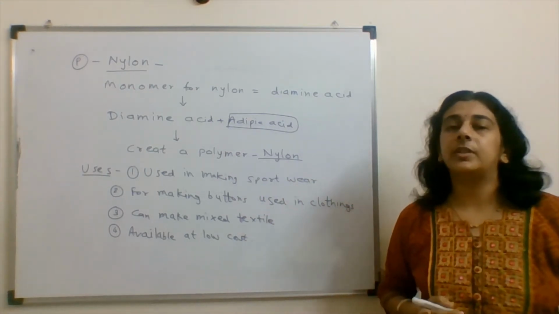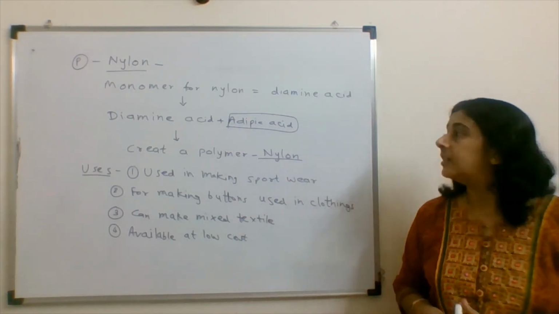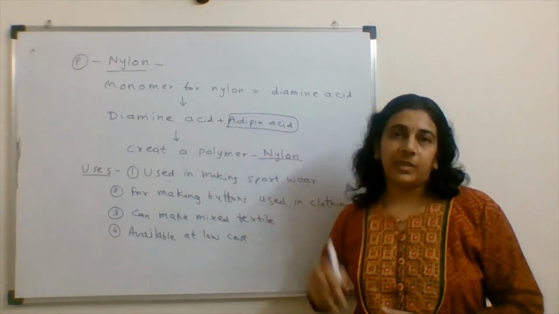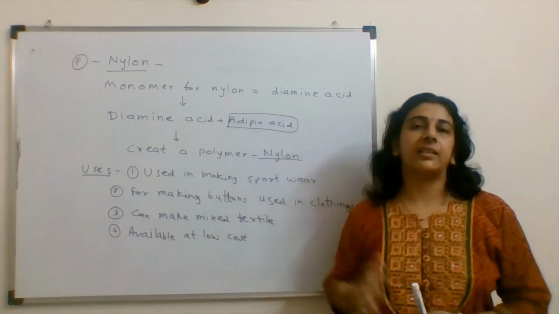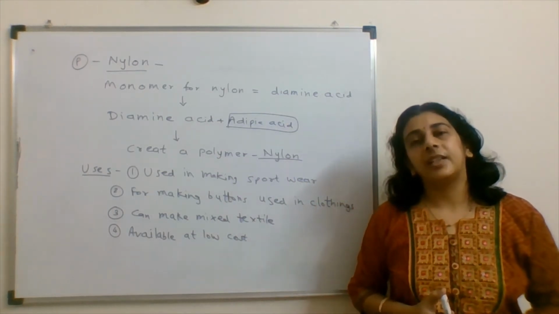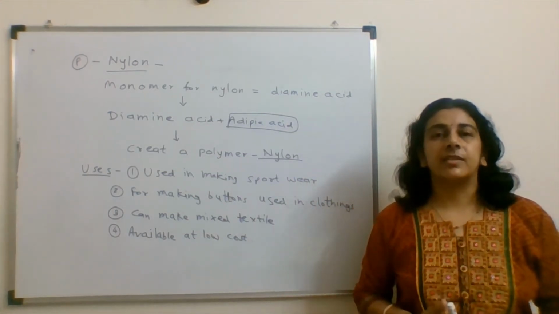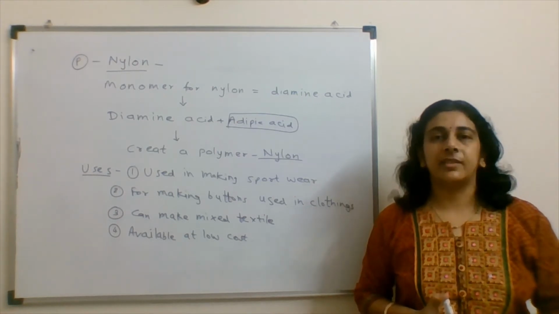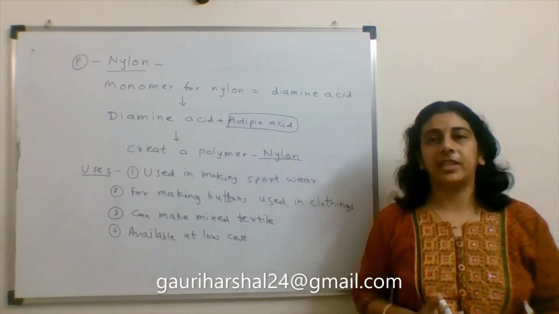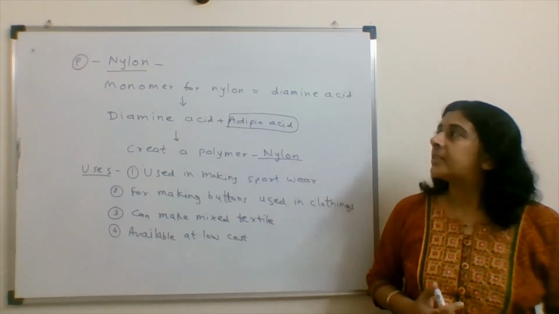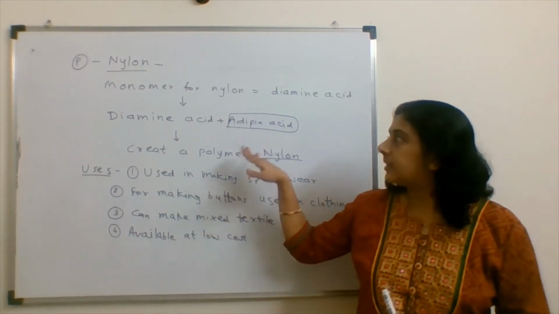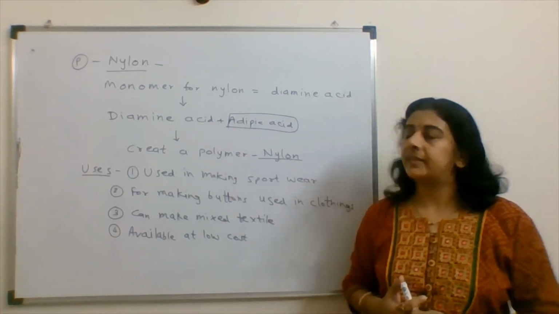In group 2, adipic acid is given. So nylon matches with adipic acid. When this diamine acid is reacted with adipic acid, we get nylon salt, and further processes form the fibrous structure. Nylon fiber is formed after these reactions.